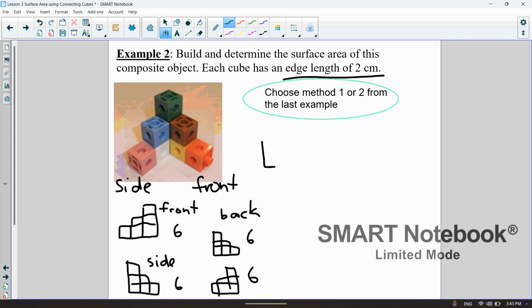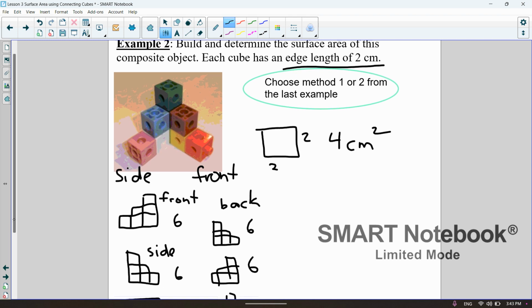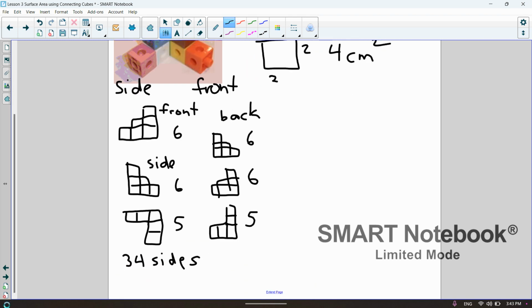So if I were to just take one face of that cube, the edge of it is 2 centimeters for both sides. So that means that this square here actually has an area of 4 centimeters squared. That's for one side. So I take my 34 sides and multiply it by 4 to find out how much I have in total. So it's going to be 136 centimeters squared.